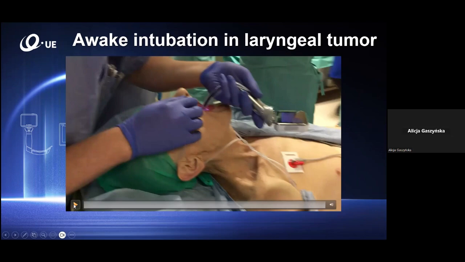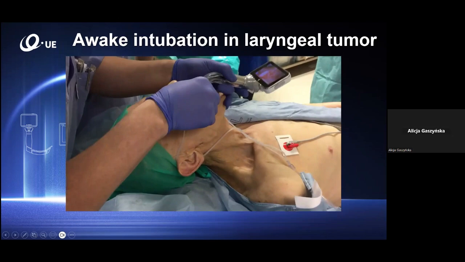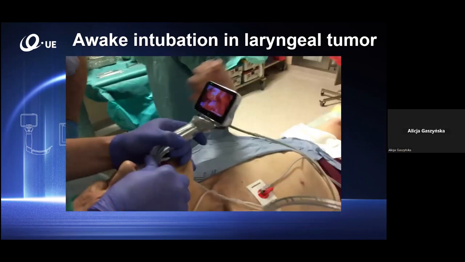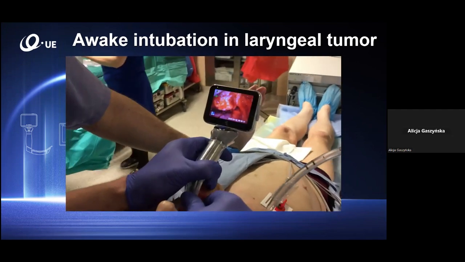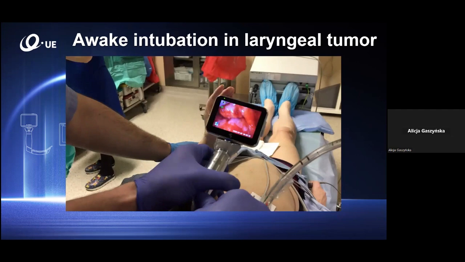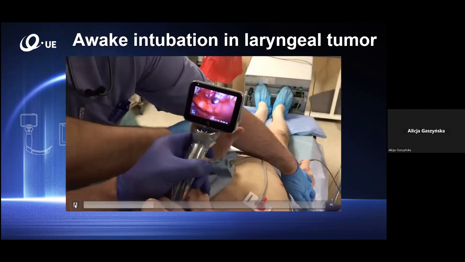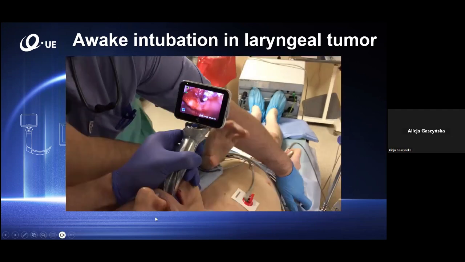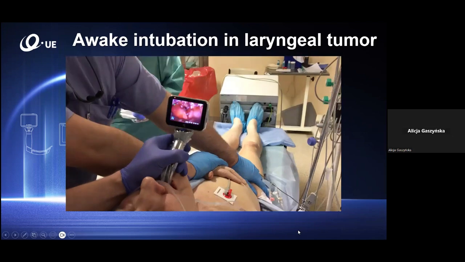And predicted difficult intubation. These patients are for so-called awake intubation techniques. As you can see on this picture, a large tumor of the laryngeal entrance. The patient was anesthetized locally with lidocaine spray.